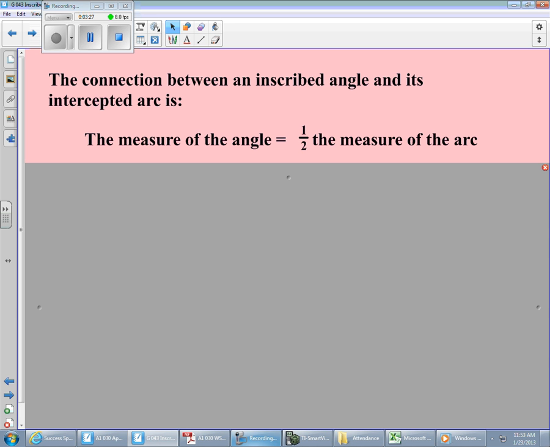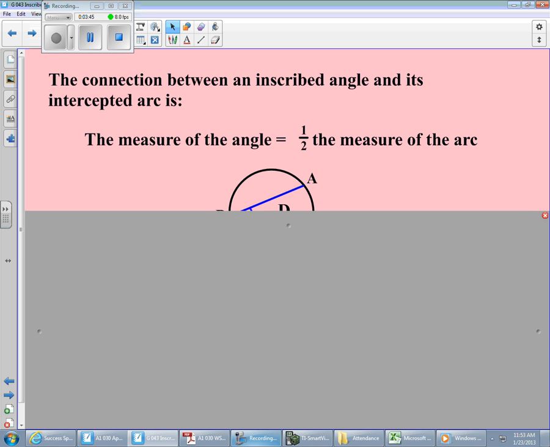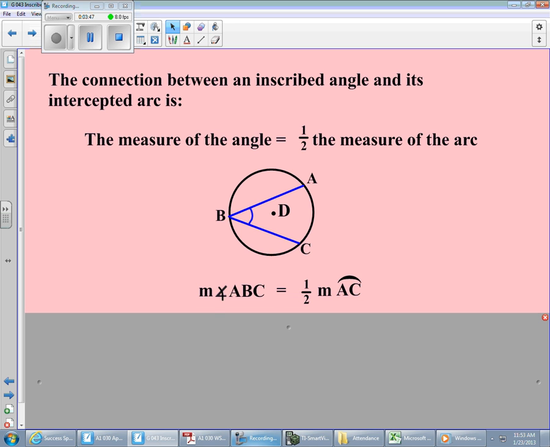And if you wanted to turn that around and think about it the other direction, that also says that the arc is twice as big as the angle. So 2 ways to think about it: either the angle is half as big as the arc, or the arc is twice as big as the angle. And there's a diagram that goes along with that if you would like one.